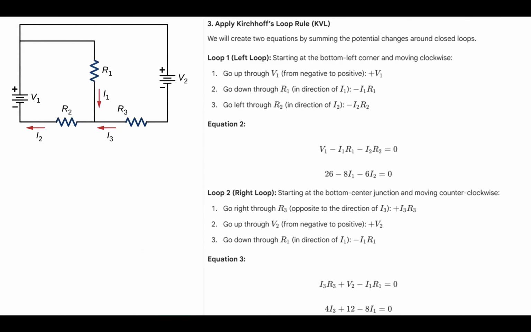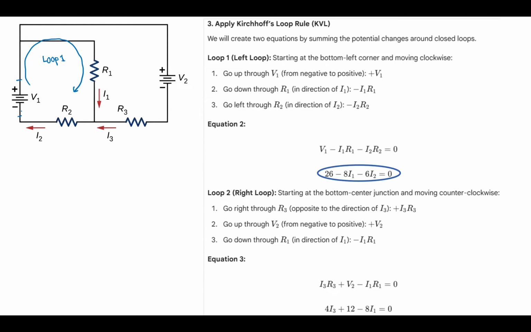And we are going to apply Kirchhoff's loop rule. Loop 1 is this loop. For loop 1, we are starting from the bottom left corner and moving clockwise like this. So go up through the V1, from here to here.